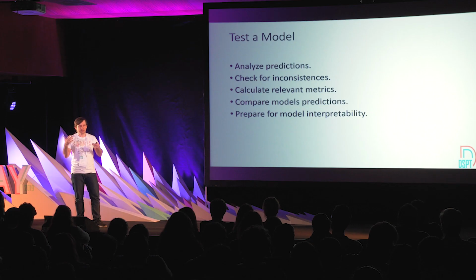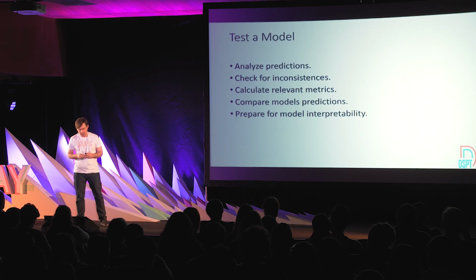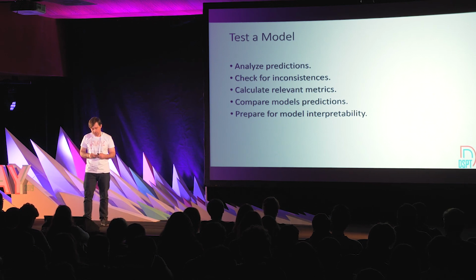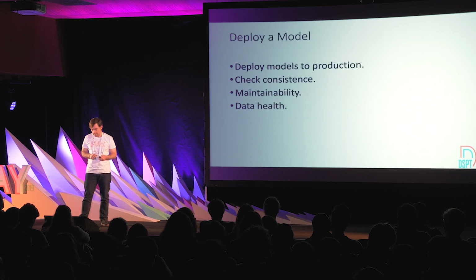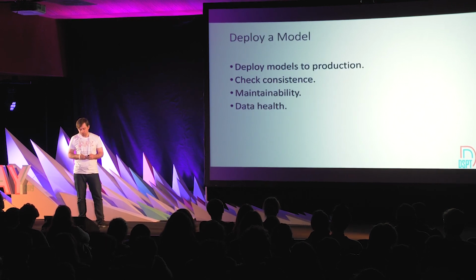Compare model predictions, try to define if the models are highly correlated or if there's some diversity between the predictions, and use it in favor to improve the accuracy, and a new round of the autoML process, and prepare the model for interpretability, right? So the last step, autoML can also deploy a model in production.